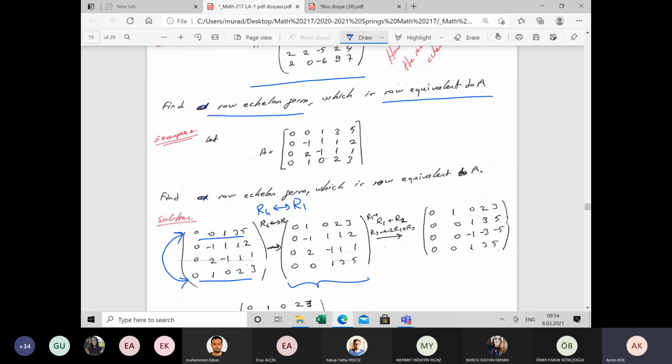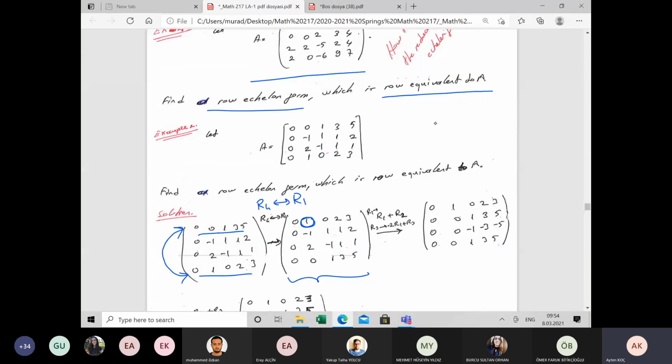And the next one: our aim is to get the leading one here, yes. The next operation, our aim is to get 1, 0, 0, 0. The first step is to get the leading one. The next step, we get the zeros in this column.